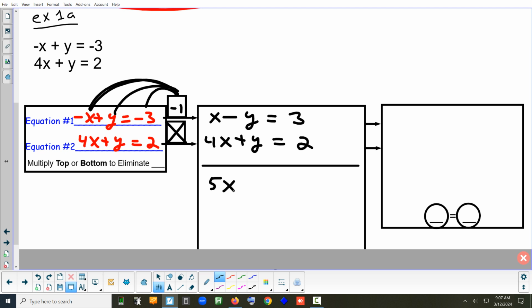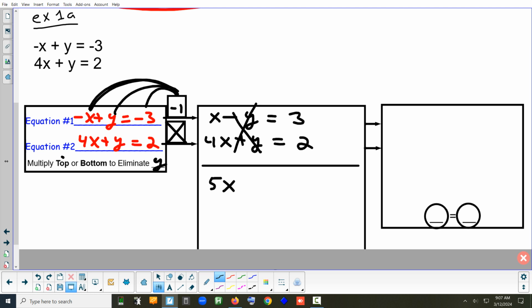So it's like negative 1y plus 1y. Or think of it with numbers, like negative 1 plus 1. Zero. Okay, so negative 1y plus 1y is 0. That's the whole reason we multiplied by negative 1. And I didn't write this part down, but we just eliminated the y.